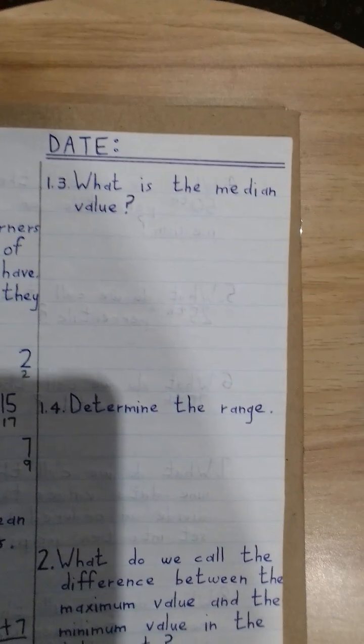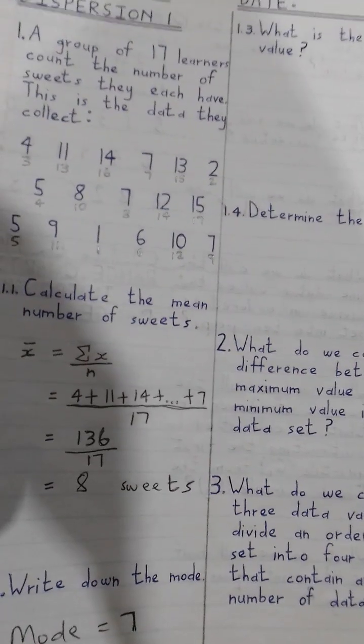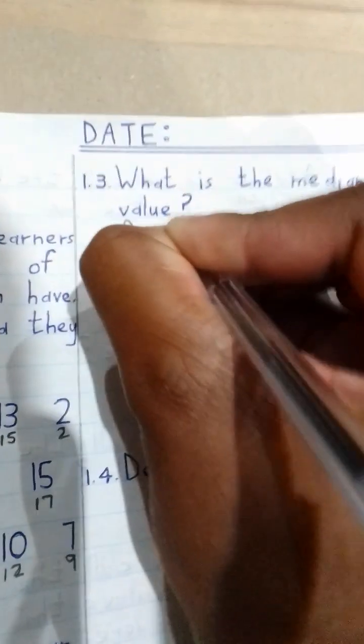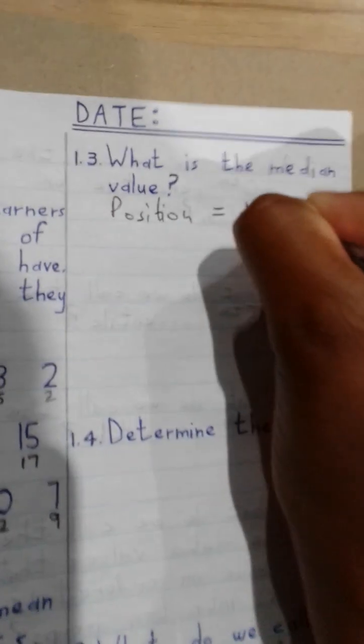1.3 asks, what is the median value? Remember, the median value is the value in the middle. So position of the median is half n plus 1.